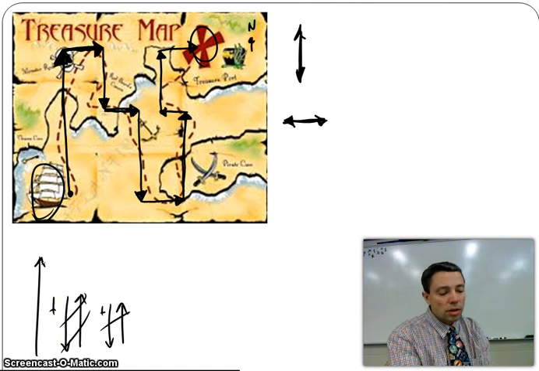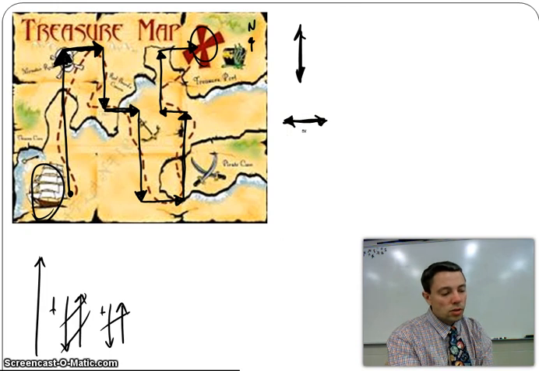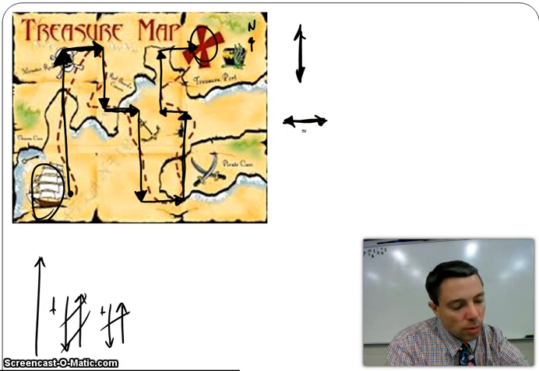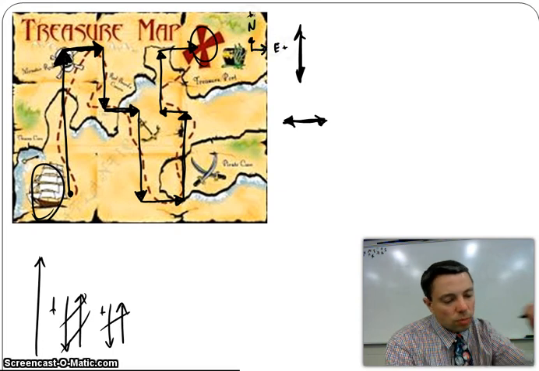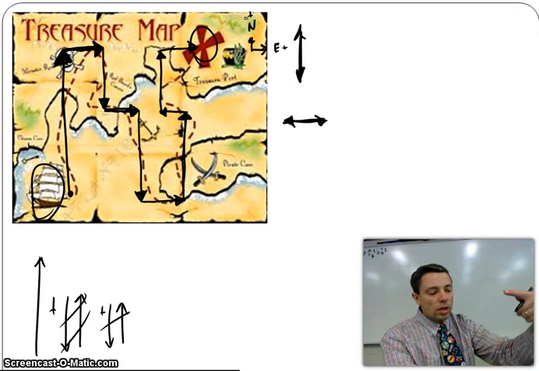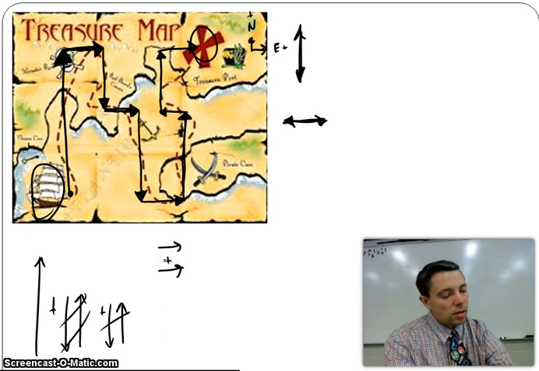The next thing I do is I look at everything in kind of my east-west direction. So anything going this direction, so I may define east as positive. So my eastward is my positive, just like I said my northward was my positive. So if I go east, I went this direction and I went this direction, so I have a little arrow going this way, I have another little arrow going this way, I'm adding the magnitudes of those arrows.